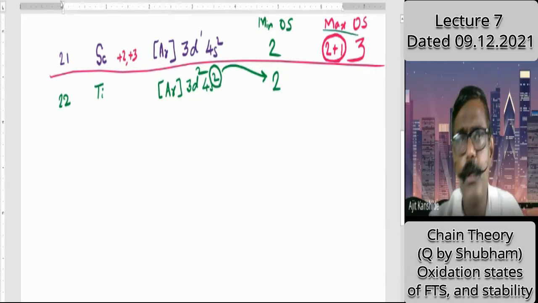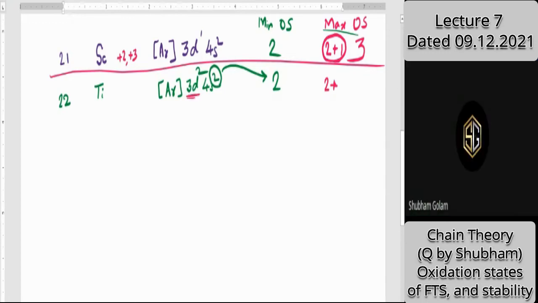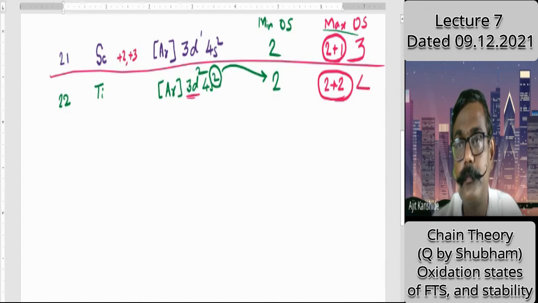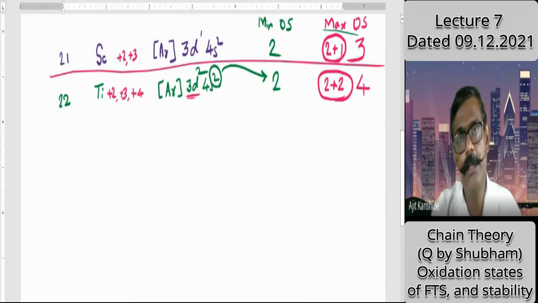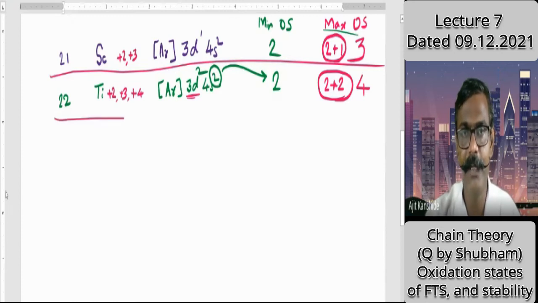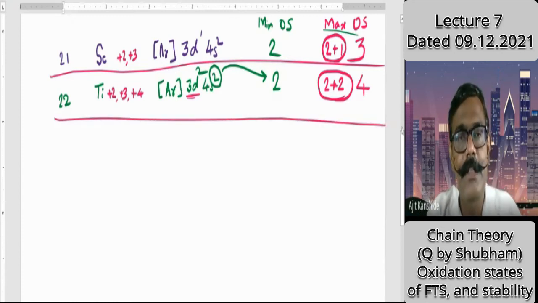Maximum oxidation state is the 4s electrons, that's 2, plus the unpaired electrons in the d orbital, which are 2. So the total is +4. Titanium can show +2, +3, and +4: three variable oxidation states.